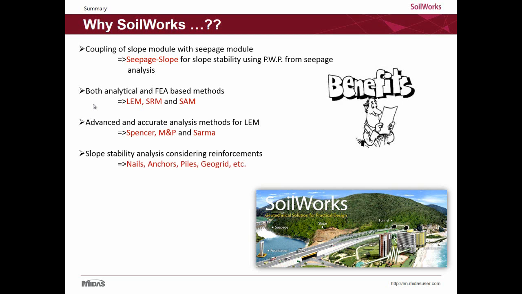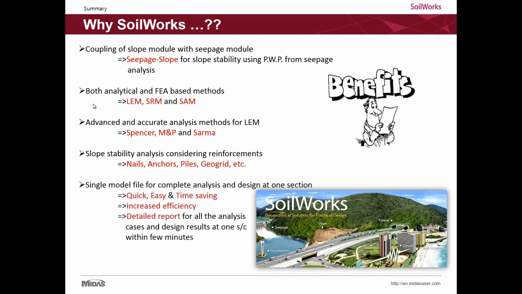Then for slope stabilization, after there is a failure, if the factor of safety is going below the limiting factor of safety, then we can go ahead with the nails, anchors, piles, geogrids, struts, etc. in SoilWorks.